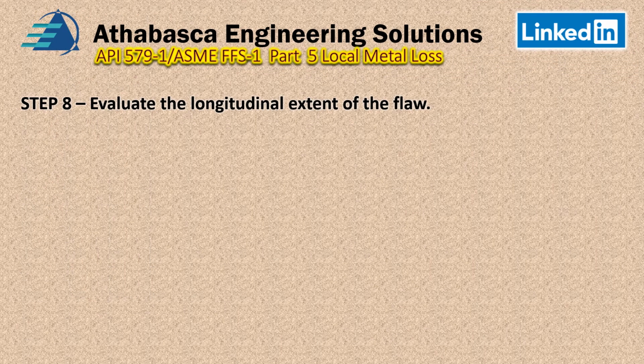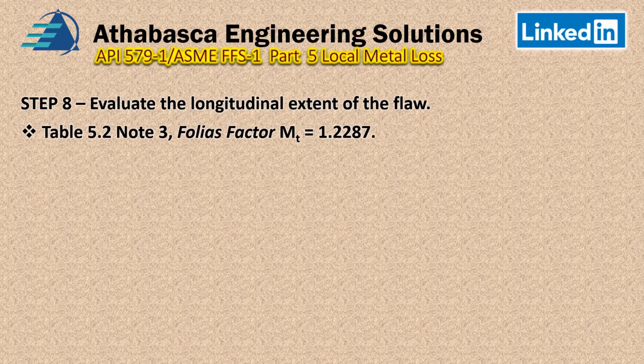Step 8, evaluate the longitudinal extent of the flaw. You can go to Table 5.2, Note 3, and follow some charts and do some interpretation, or you can go in and do the calculation for MT. I've done it and I calculated 1.2887.